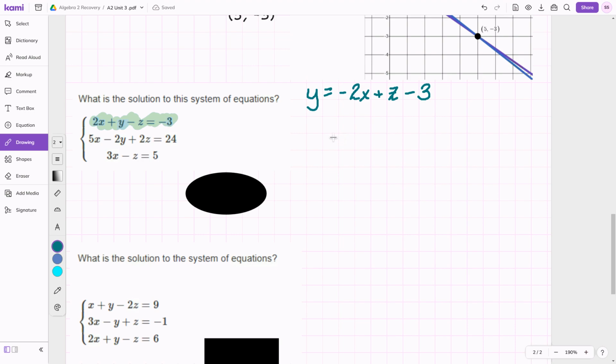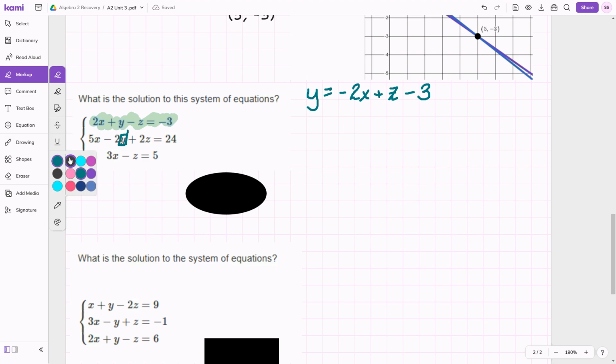I can plug that y in to any of these other 2 equations that also have a y. So if I look at this second equation right here, where this y is, I'm going to put in minus 2x plus z minus 3. What I like to do is color associate things so that I don't get too confused. So I'm going to make this my pink function, and right where you see y, I'm going to plug in a green function.